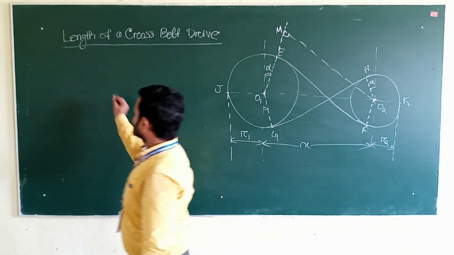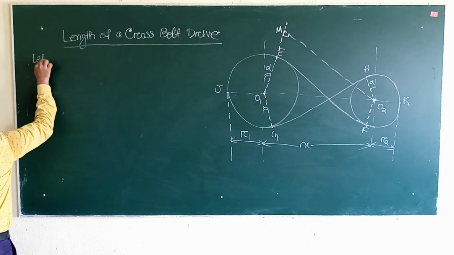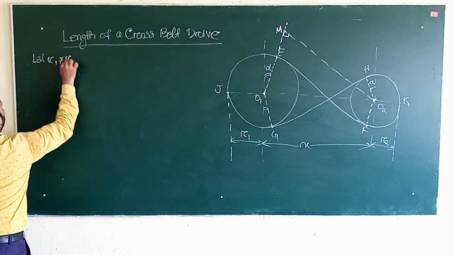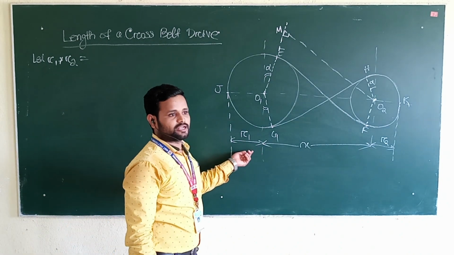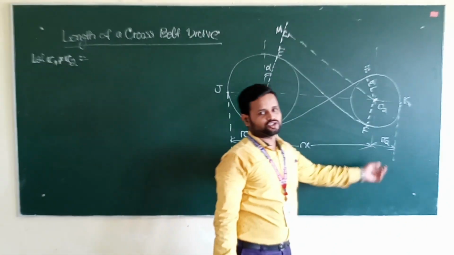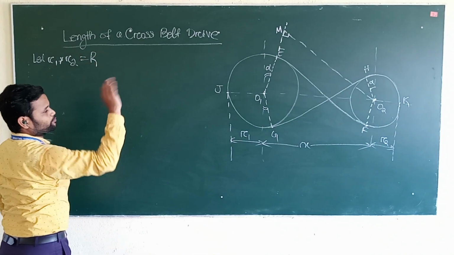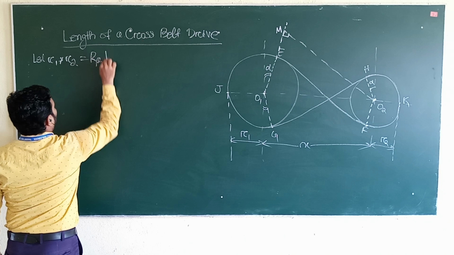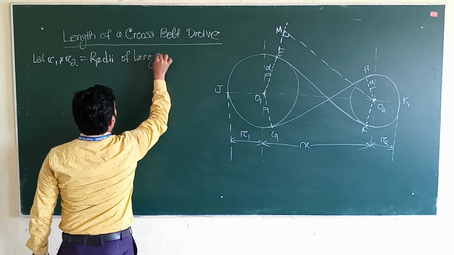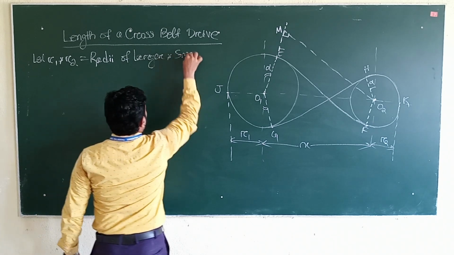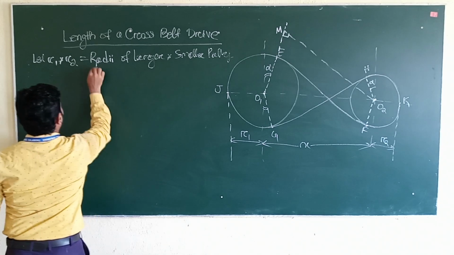Now, let us see the unknown terms. Here the unknown terms are R1 and R2. R1 is the radius of the larger pulley and R2 is the radius of the smaller pulley. So R1 and R2 are the radii of the larger and smaller pulley respectively.